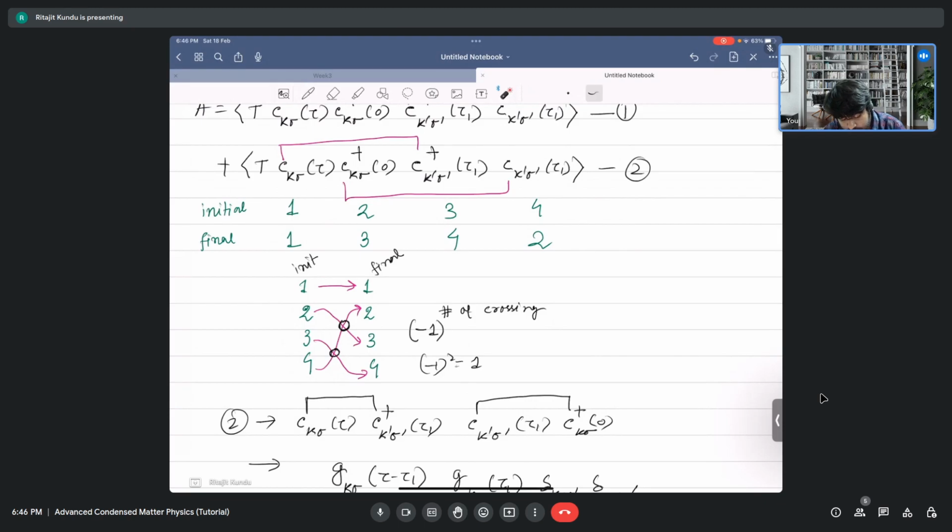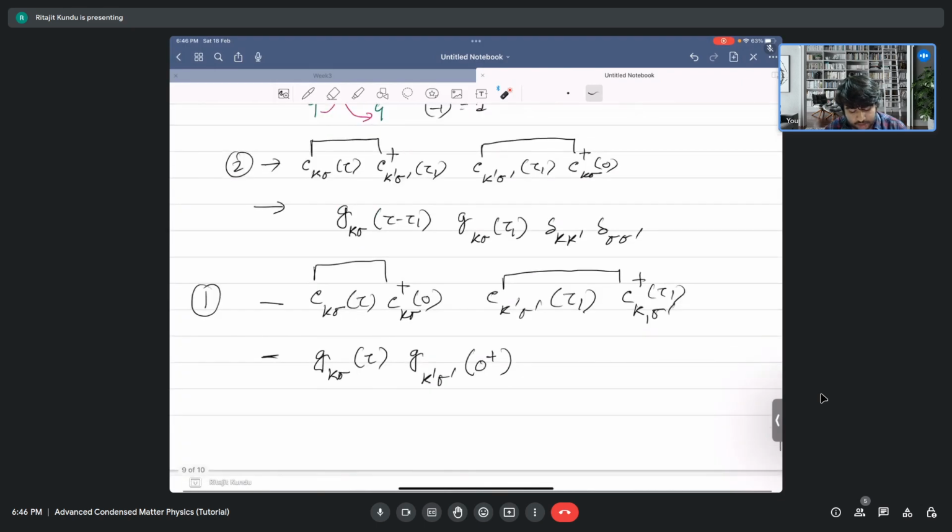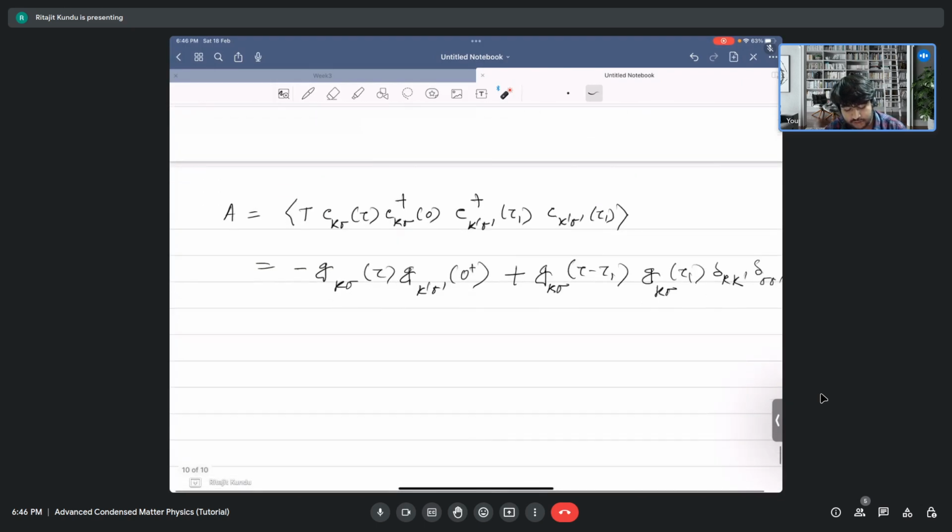The initial is 1 2 3 4, and the final is also 1 2 3 4, but this is a permutation, right? 1 is not changed because 1 stays here. 2 goes to 3 because of this, 3 goes to 4 because of this, and 4 goes to 2 because of this. Now you count how many crossings there are, and you raise -1 to the power of the number of crossings. Whatever you get, +1 or -1, is the sign of the permutation of this whole string. Okay, so when you are done with that, you just write those two terms.